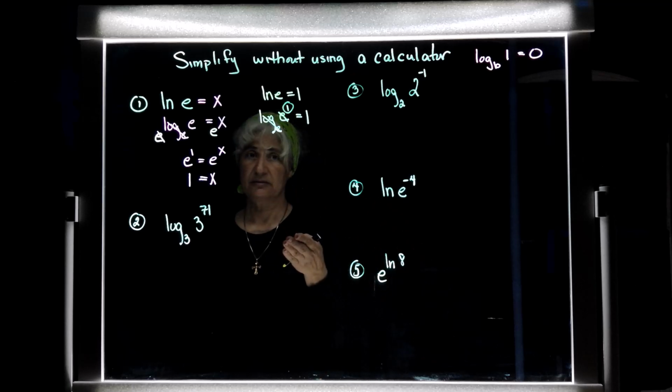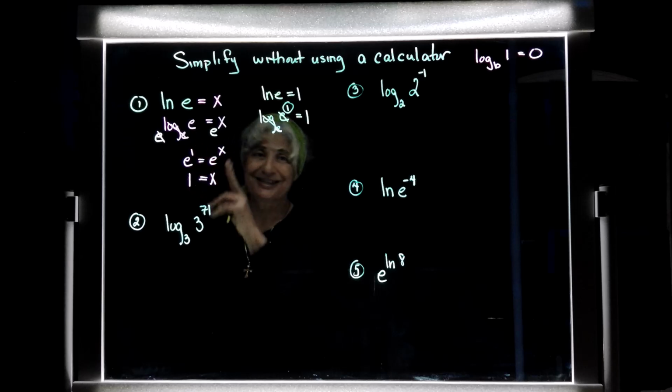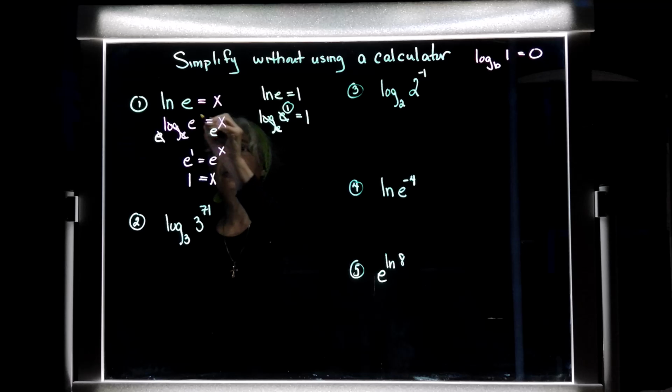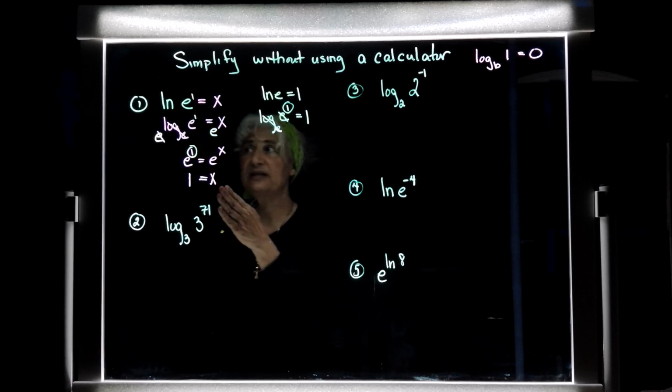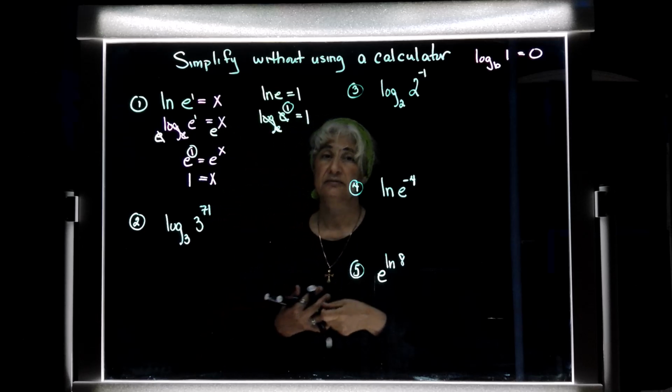With me? When you have a log base whatever, and you have an exponential with the exact same base, they're inverses of each other. They're going to cancel out, and they're basically going to leave you just the power. So in this case, for problem 1, it's going to be x equals 1.